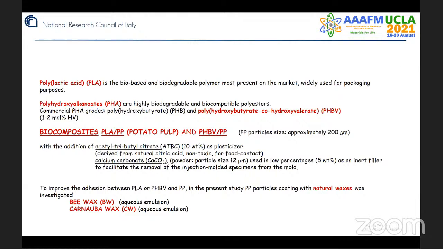The biocomposites were prepared with the addition of a non-toxic plasticizer, acetyl citrate, and calcium carbonate, which was used in low amount to favor the removal of the injection molded specimen from the mold. And finally, to improve the adhesion, we coated the potato pulp particles with natural waxes, beeswax and carnauba wax.